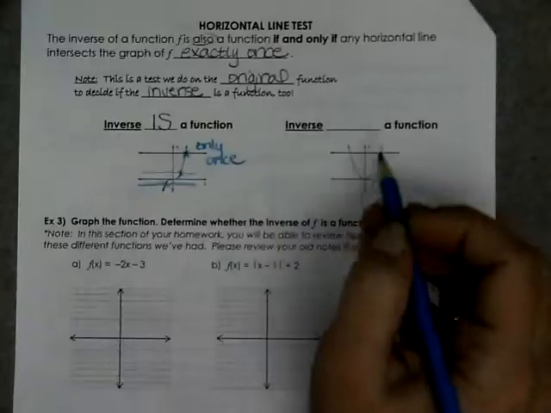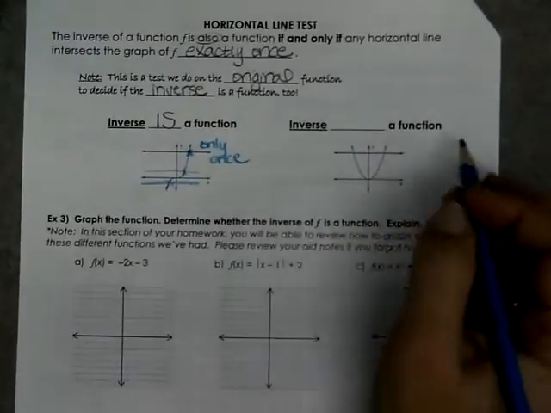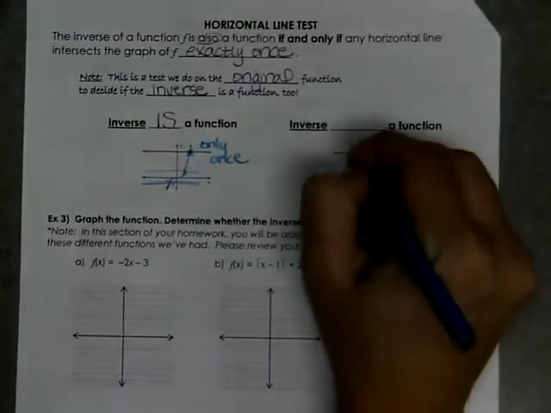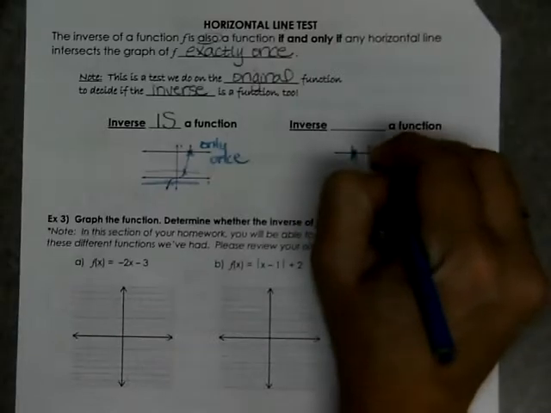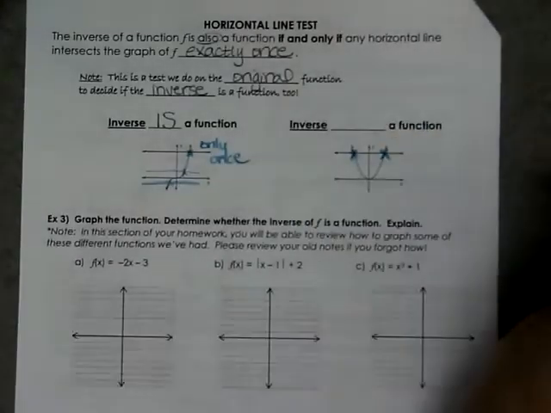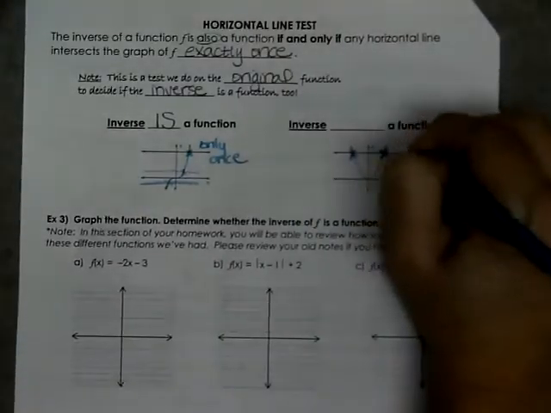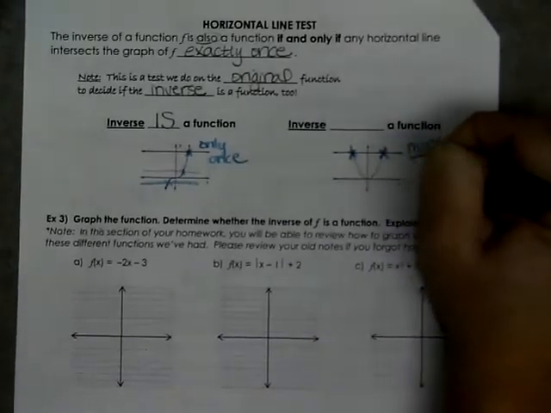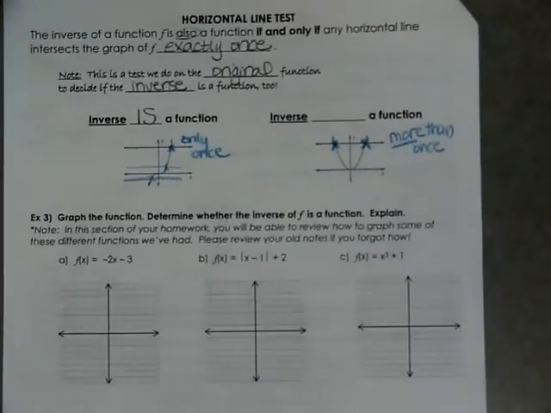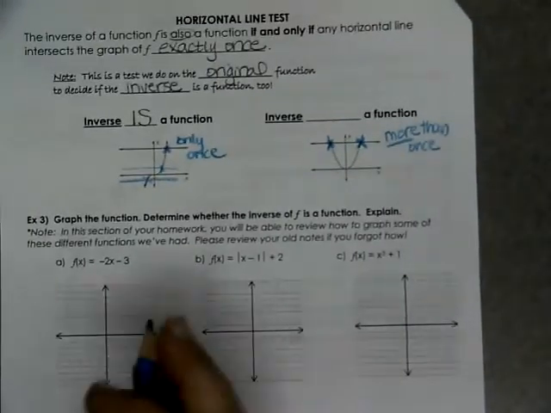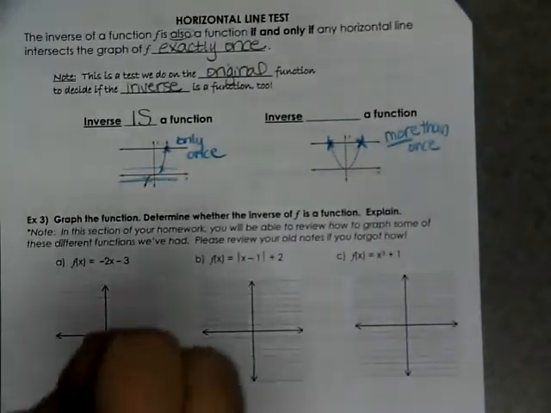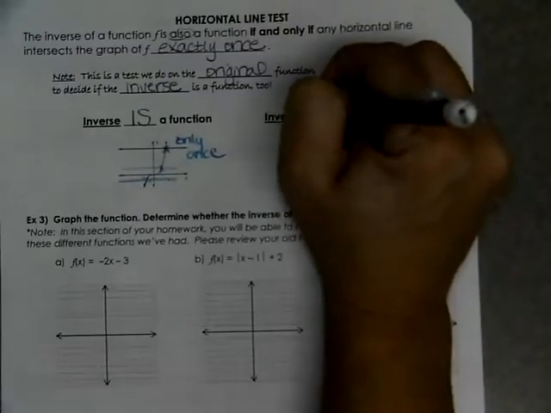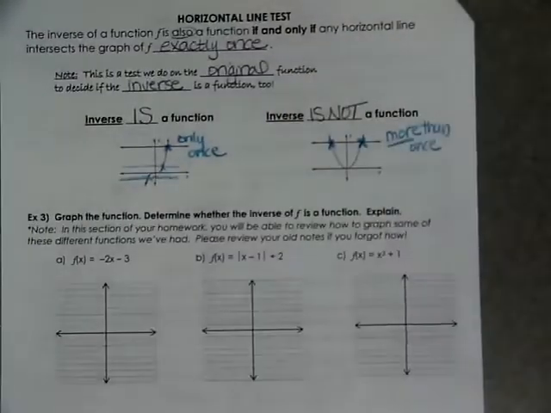But let's look at this function. This function, here is an example of a horizontal line that intersects the graph twice. All we care about is that that's more than once. And so because that happened more than once, that means that our inverse is not a function.